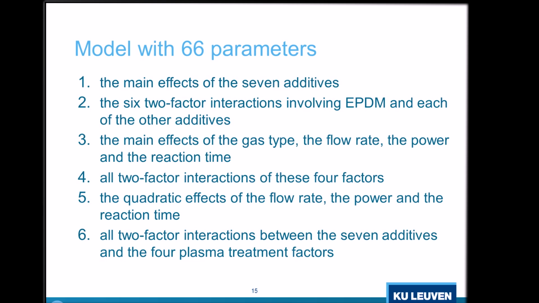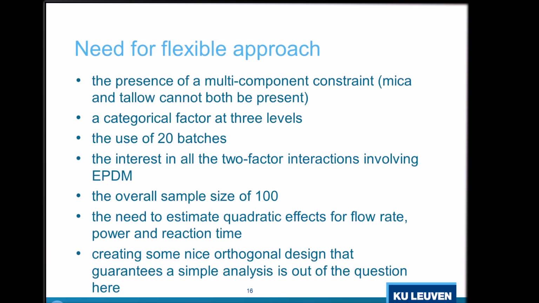If you count all the effects the researchers were interested in, there are 66 of them in total. And we have 100 observations available, so 100 is bigger than 66, so that should be doable. It should be doable to estimate all these effects.